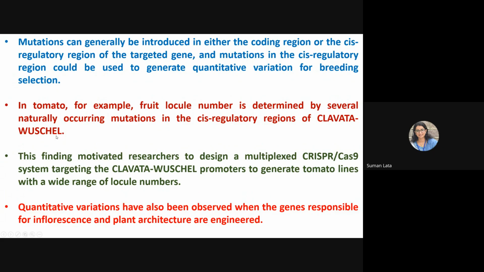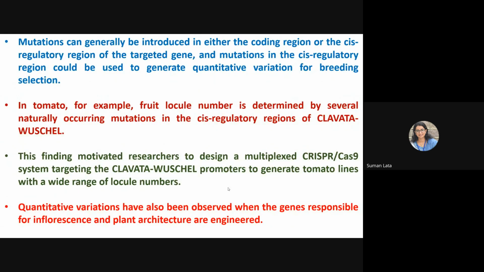So in the WUSCHEL promoter, the determination of the locule number is located. This finding motivated researchers to design a multiplexed CRISPR-Cas9 system targeting the CLAVATA WUSCHEL promoter to generate tomato lines with a wide range of locule numbers.